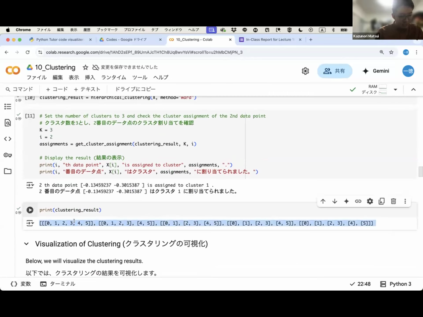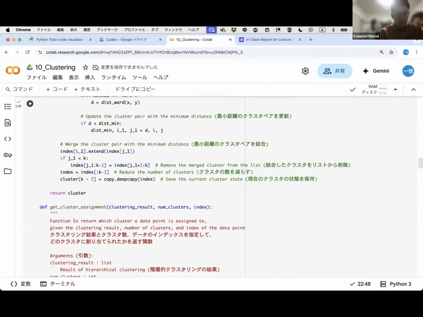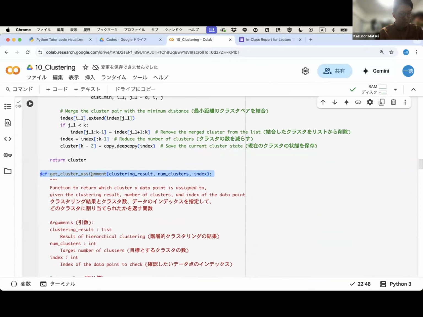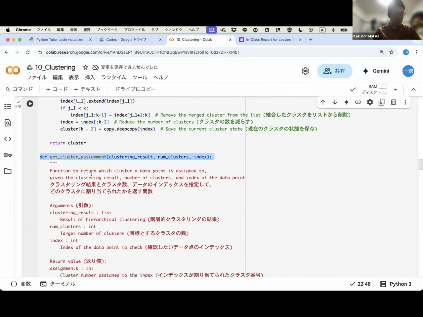But looking at the example, we can't immediately see which clusters merge at which timing. So we use get cluster assignment to specify the number of clusters and check which cluster was assigned when we have the specified number of clusters.